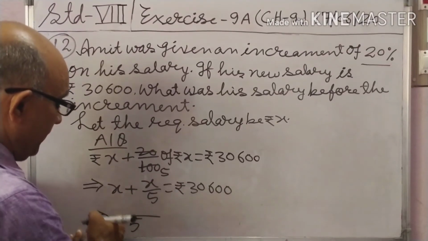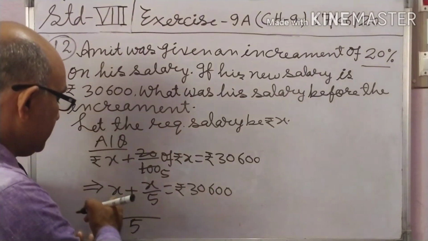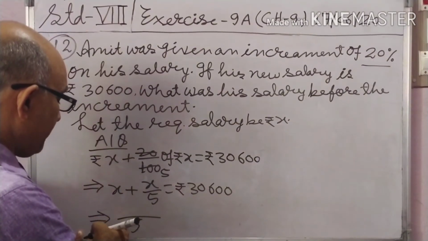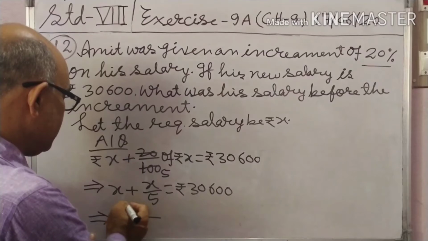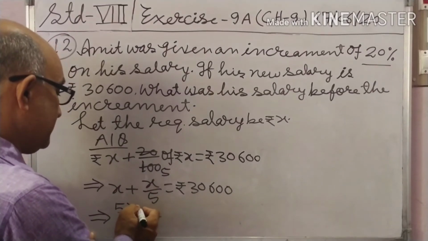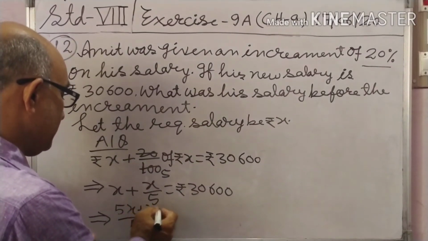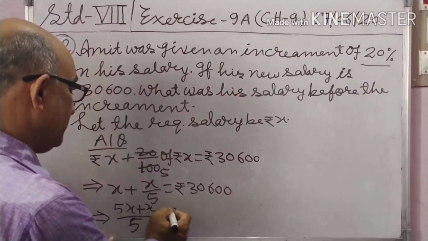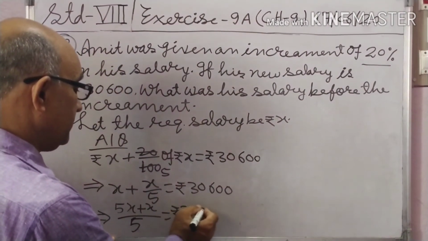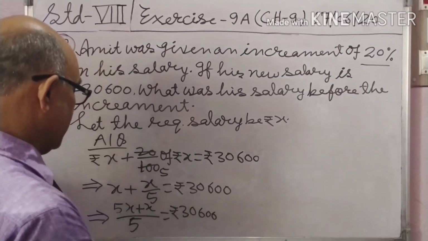So 5 1s are 5, 1 5s are 5, 5 into x is 5x plus x, 5 1s are 5, x equal to rupees 30,600.